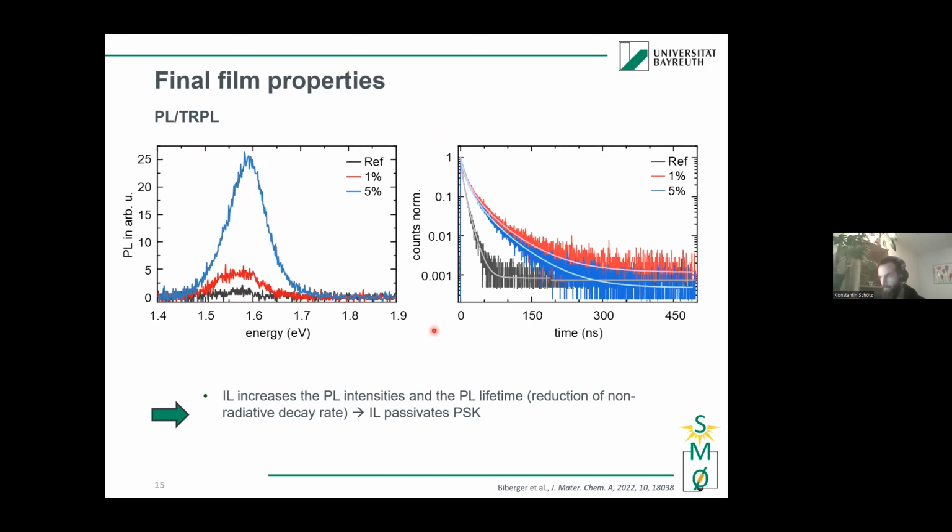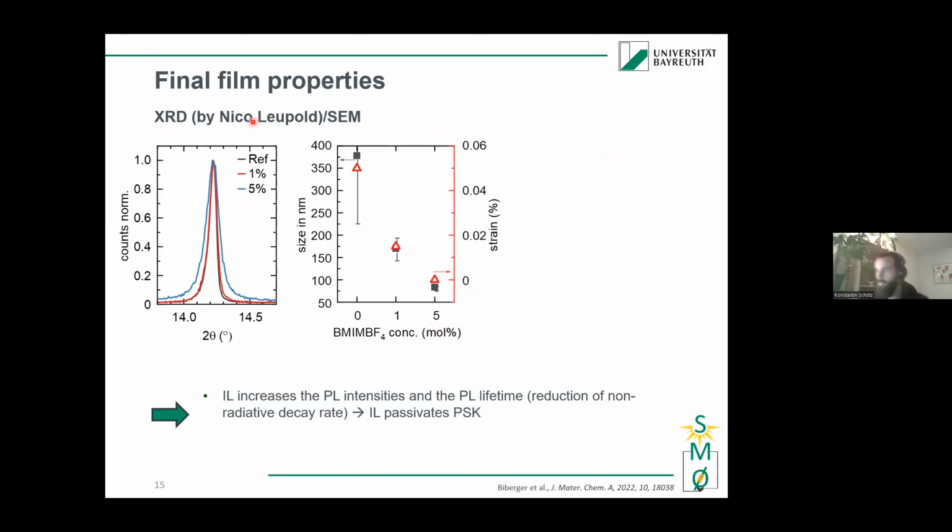That is nice. And looking at XRD by Nico Leupold, also from the University of Bayreuth, we see a decrease in the grain size, which is actually not what we want, because it was reported in the past that small grains show higher non-radiative losses, and for solar cells we want big grains.